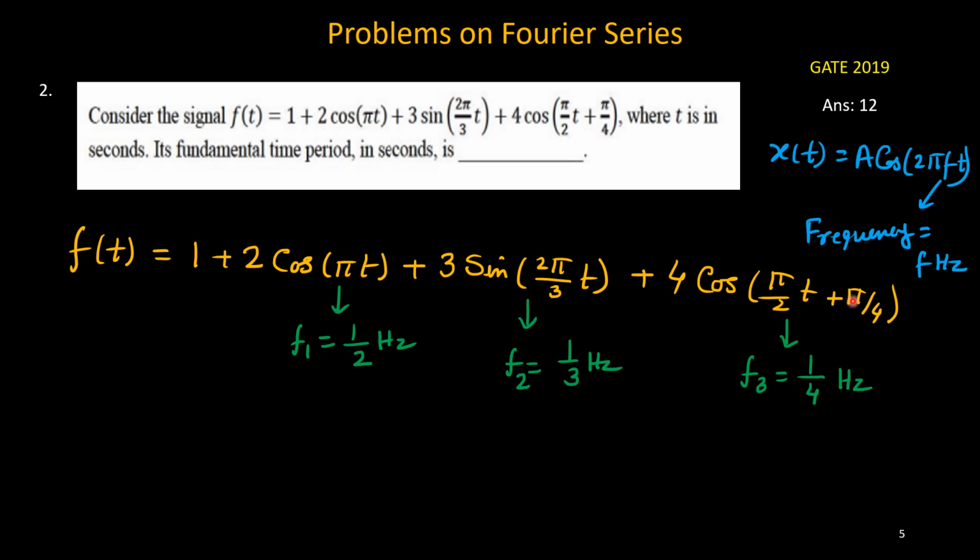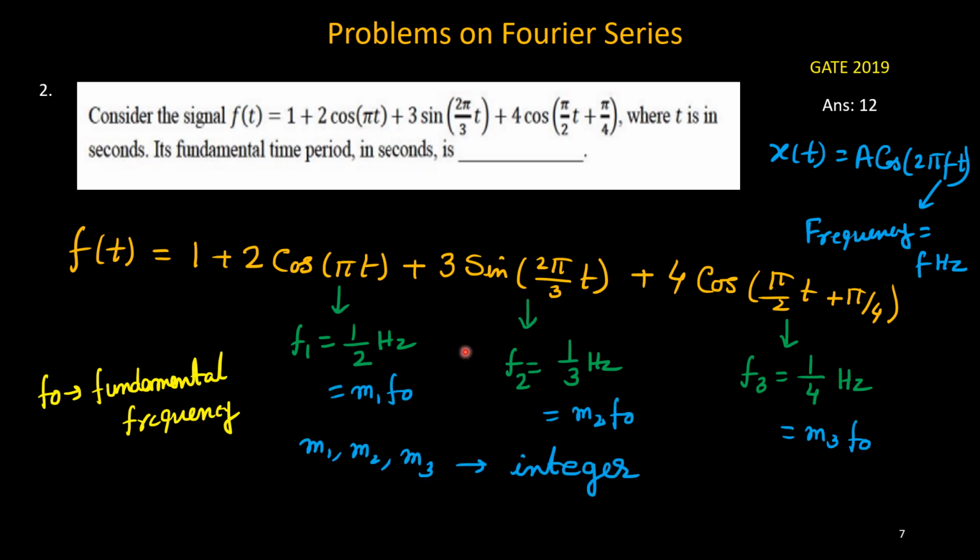So let f0 be the fundamental frequency; then f1 = m1 f0, f2 = m2 f0, and f3 = m3 f0, where m1, m2, m3 should be integers.